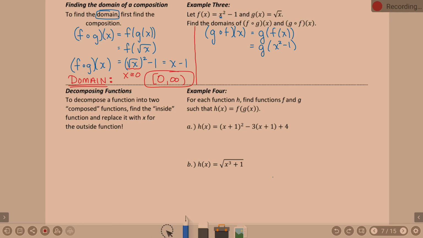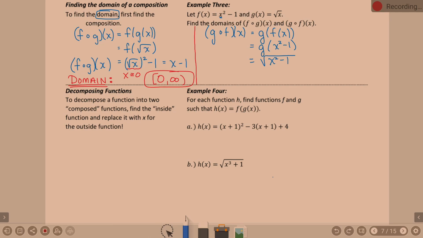What are we saying here now? x squared minus 1 is going to go into g. So every place you see an x in the equation g, square root of x, except what is x now? x is now x squared minus 1.